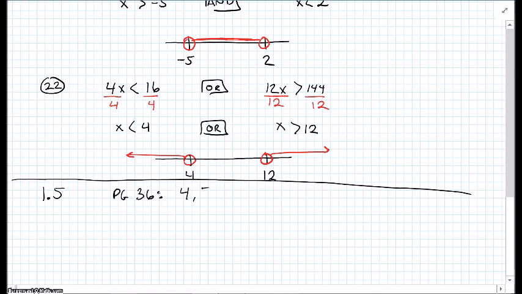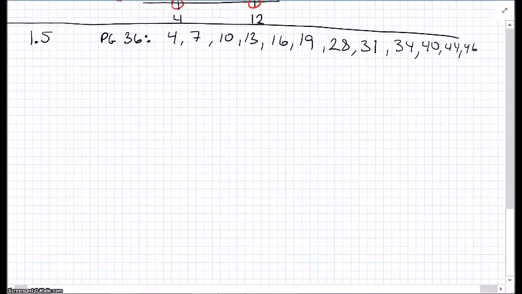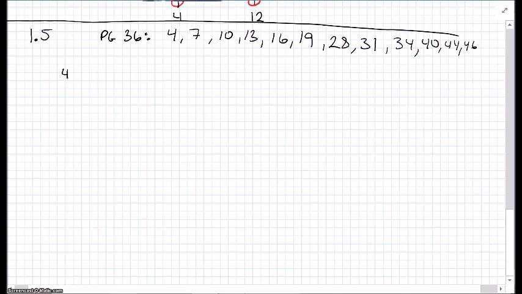Numbers 4, 7, 10, 13, 16, 19, 28, 31, 34, 40, 44, and 46. So starting with number 4.